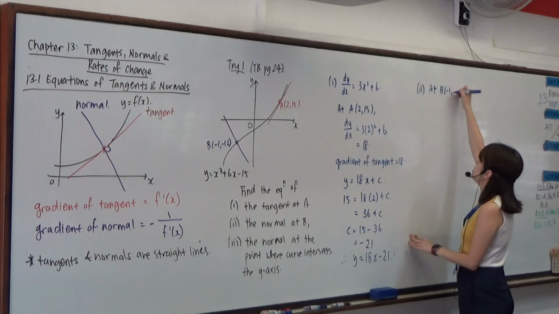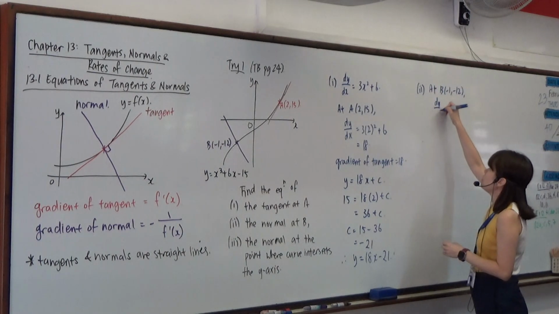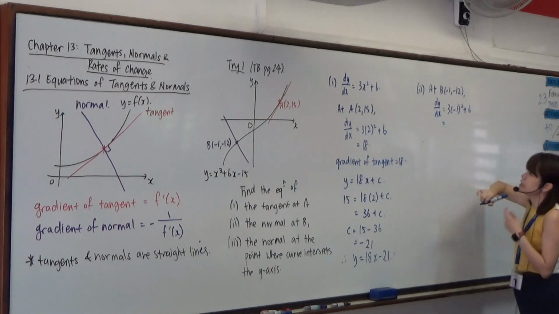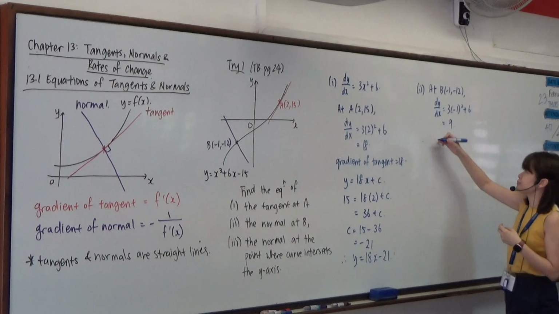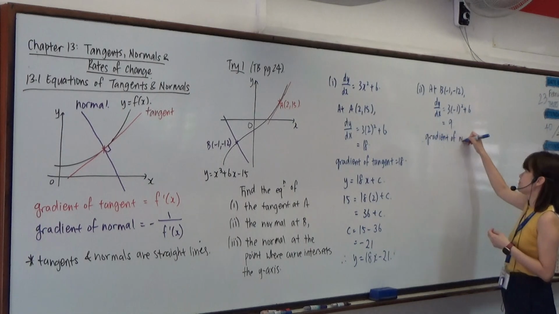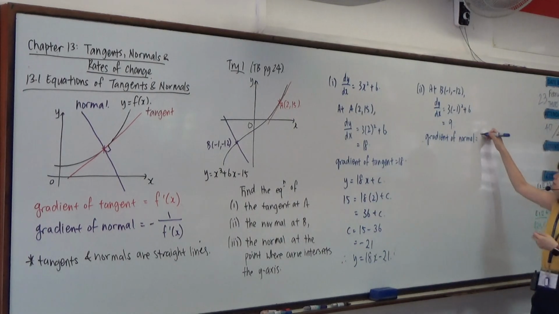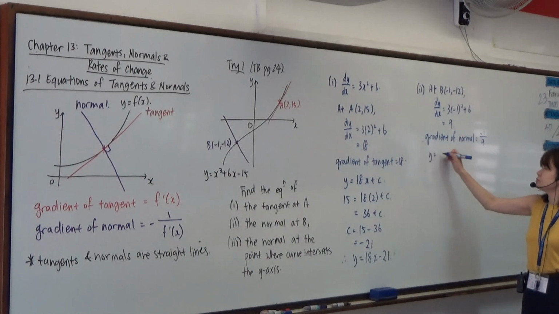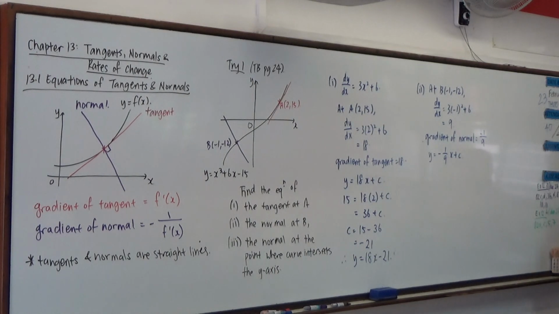At B, dy over dx will be this. So that's 9. And the gradient of the normal will be negative 1 over 9. So equation of the normal will be y equals negative 1 over 9 x plus c.